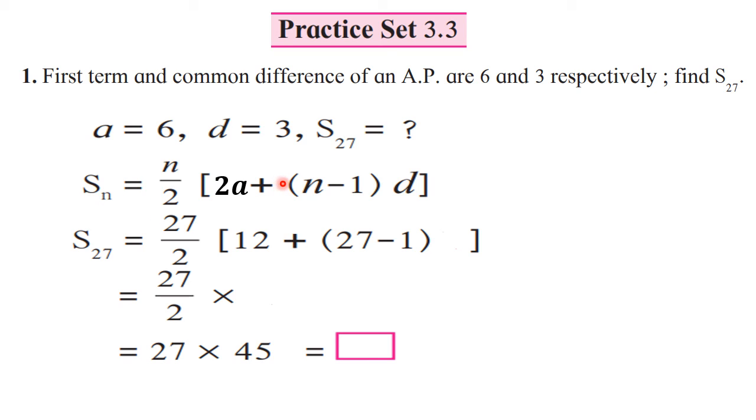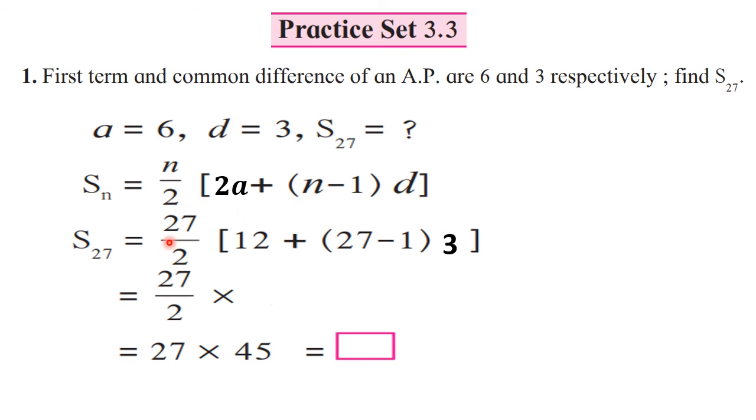Already it is provided, only one term is missing which we have to write down correctly. Just now we have seen the formula: Sn is equal to n upon 2 times 2a. So that was only missing. So you need to write that correctly: 2a plus (n minus 1) d.